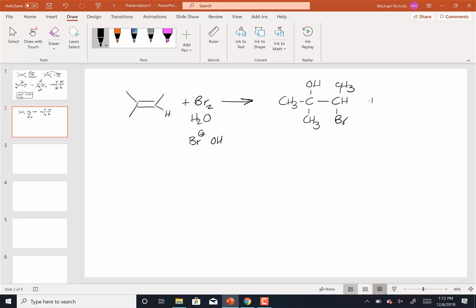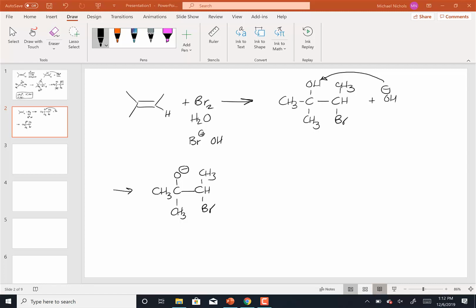Then if I treat the bromohydrin with a base, like hydroxide, it comes over and deprotonates the OH. When it deprotonates the OH, I form an alkoxide. The O minus now is going to act as a nucleophile, and since the Br and the OH added trans to begin with, the O minus is in a perfect position to do backside attack.